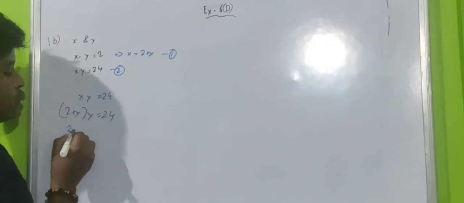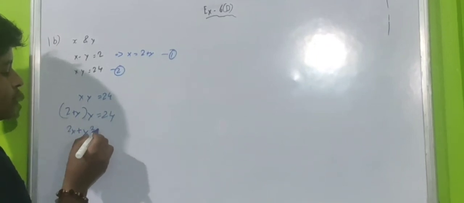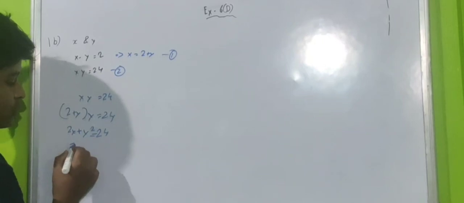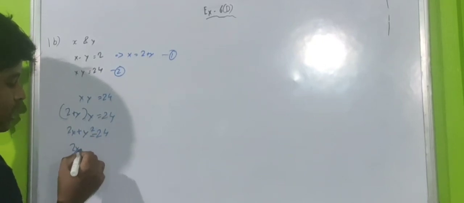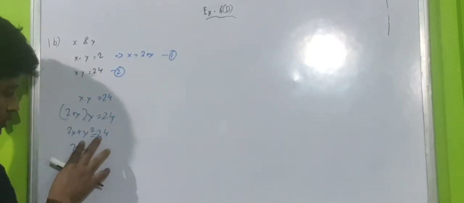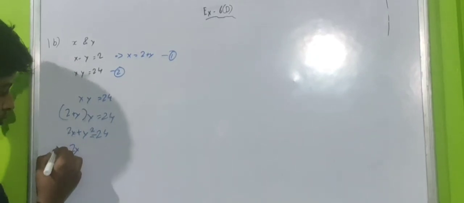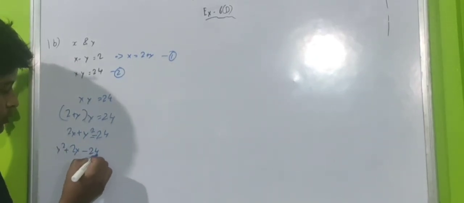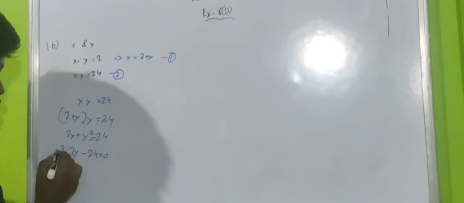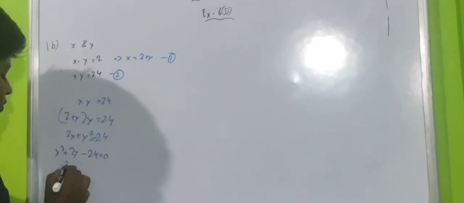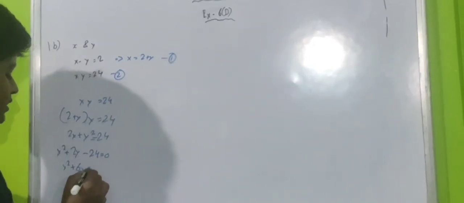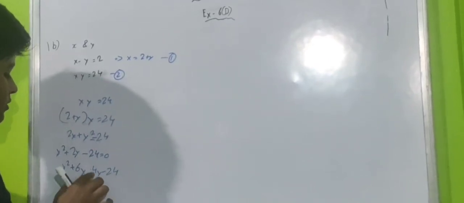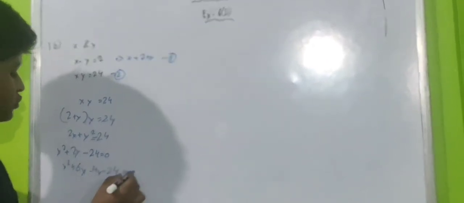Multiply it, you will get 2y plus y square equals 24. Now send this to this side, you will get y square plus 2y minus 24 is equal to 0. You will get y square plus 6y minus 4y minus 24 is equal to 0.